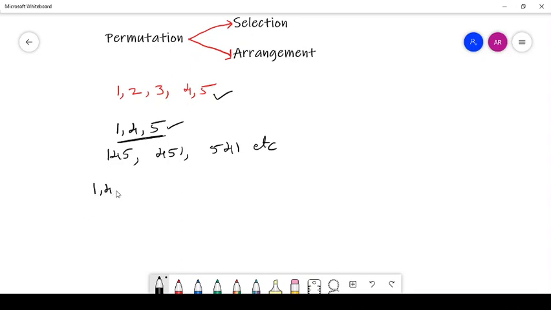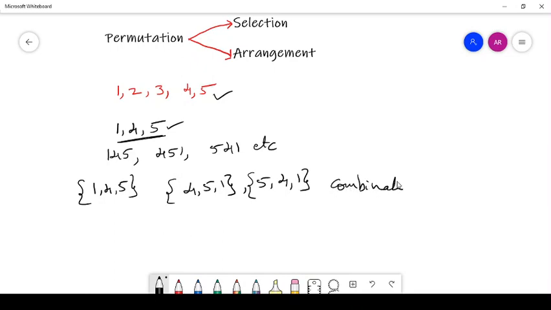The set containing 1, 4, 5 is the same as 451, 541, etc. Only selection is required, so it is a combination.